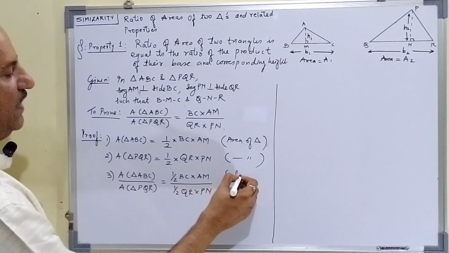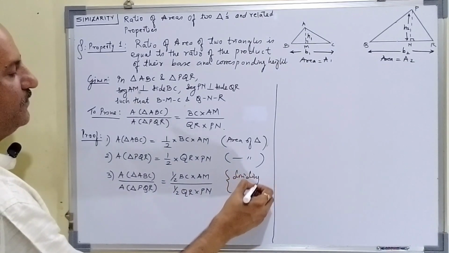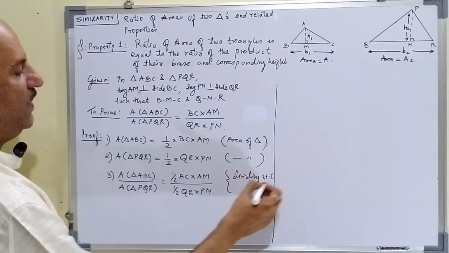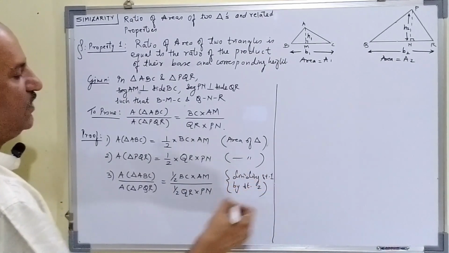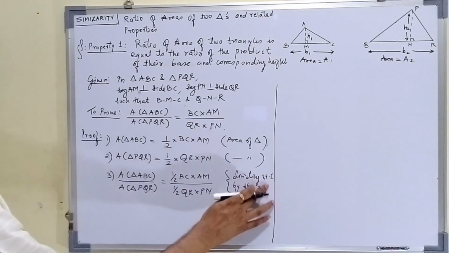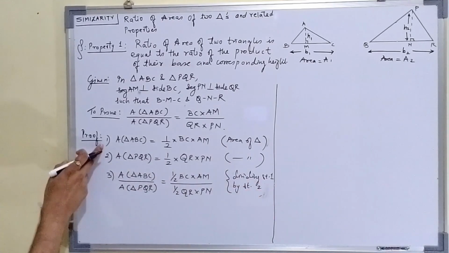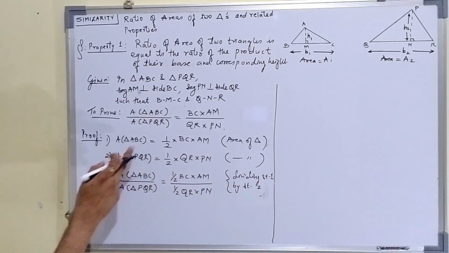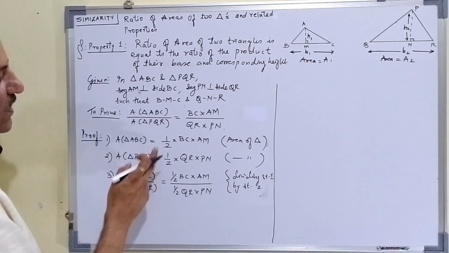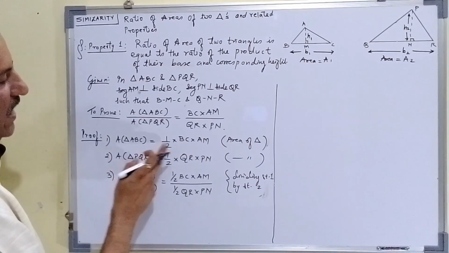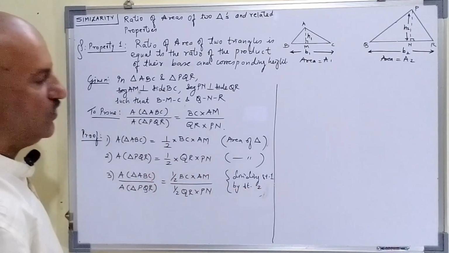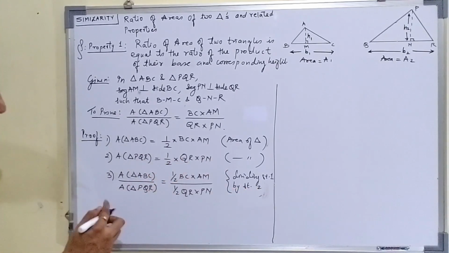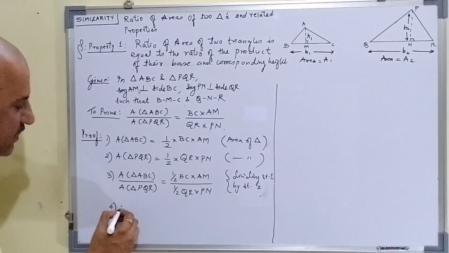Reason: dividing statement 1 by statement 2. So area of triangle ABC upon area of triangle PQR equals half BC into AM upon half QR into PN. Half gets cancelled. So what do you get?